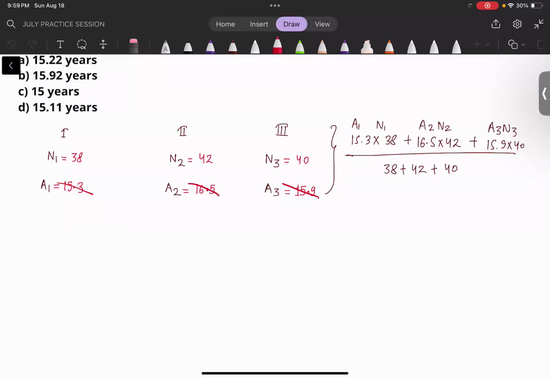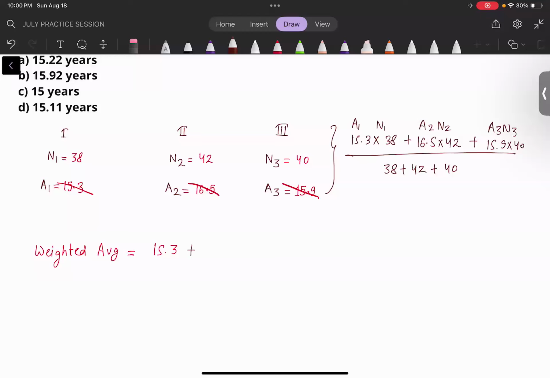Okay. I am choosing 15.3 because 15.3 is one of the values. That's why. So once I choose 15.3, now what will I do?